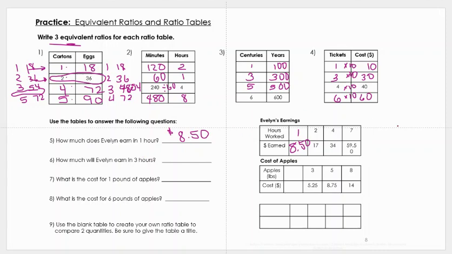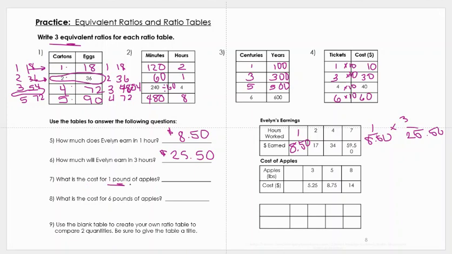So then we can take that unit rate, that ratio of 1 to 8.50, and multiply by 3 and find that 8.50 times 3 is $25.50. I'll write it over here. The more I do this, the faster I'll get with using this drawing aspect.